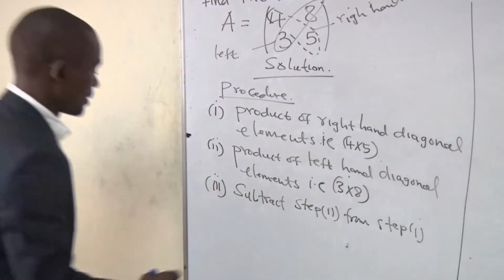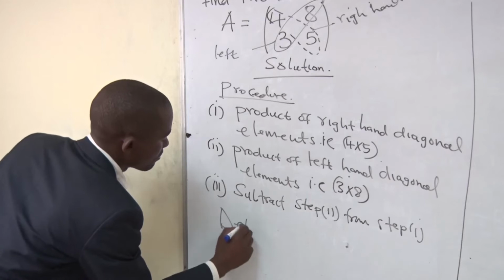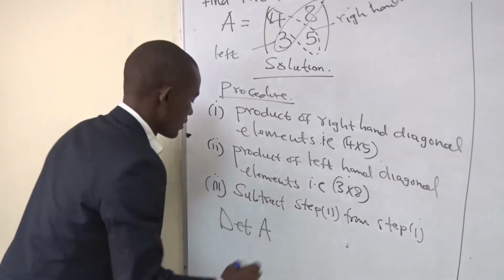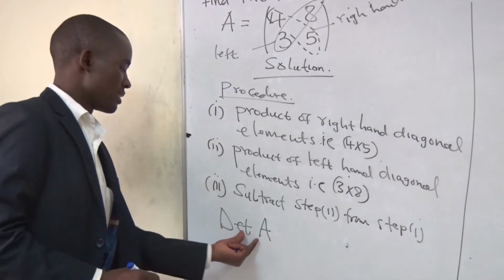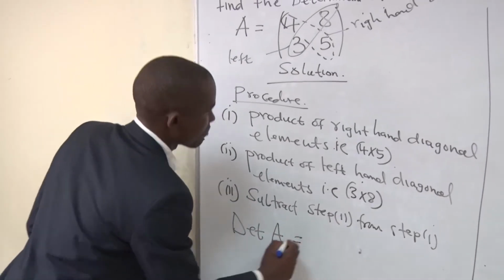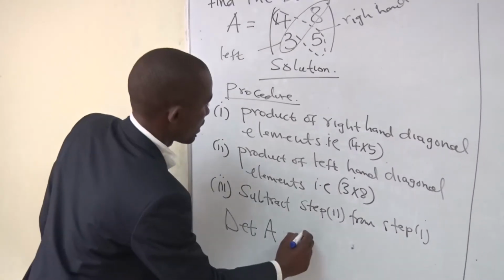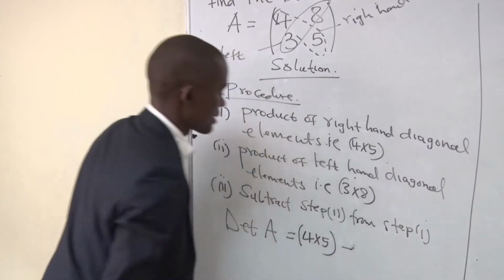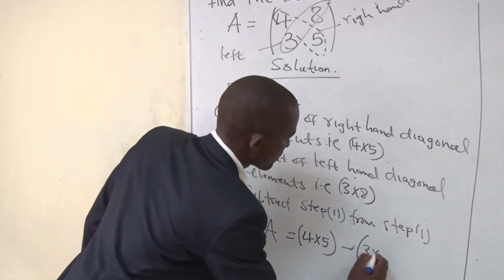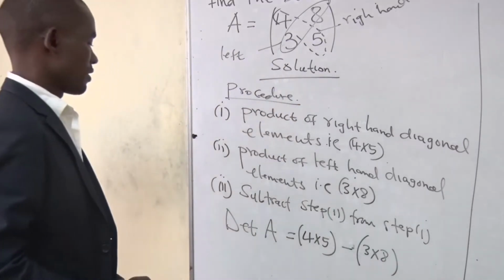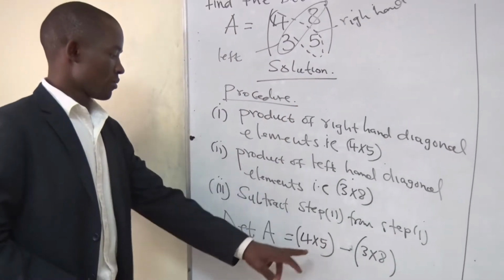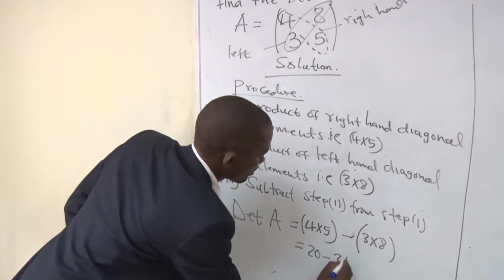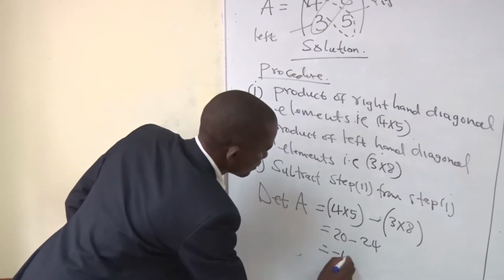So basically the determinant, which is denoted by DET, determinant of A, will be given by the right-hand diagonal, which is 4 times 5, minus, in brackets, 3 times 8. That is why I said step 2 from step 1. So this is the same as 20 minus 24, so the determinant is minus 4.